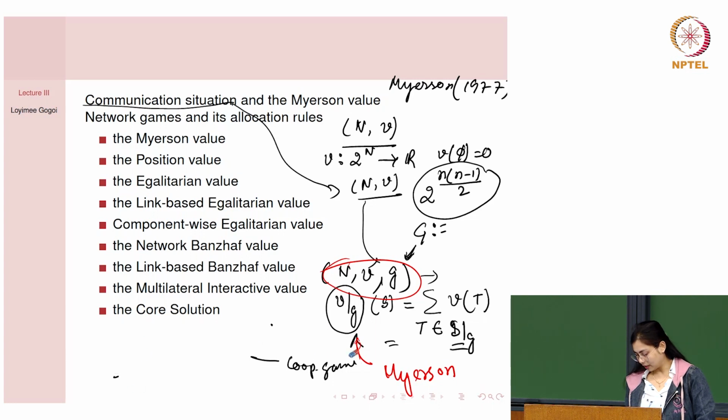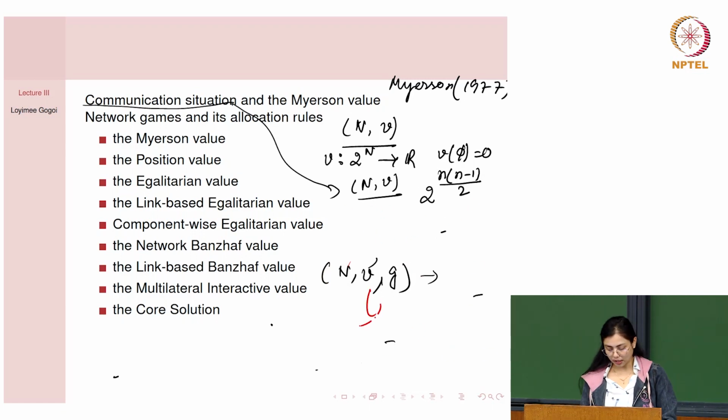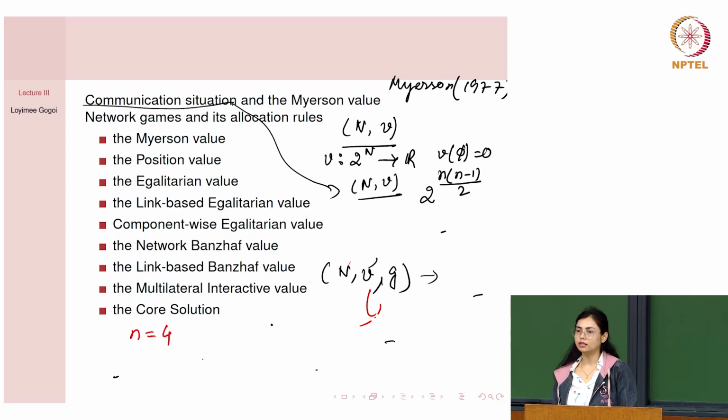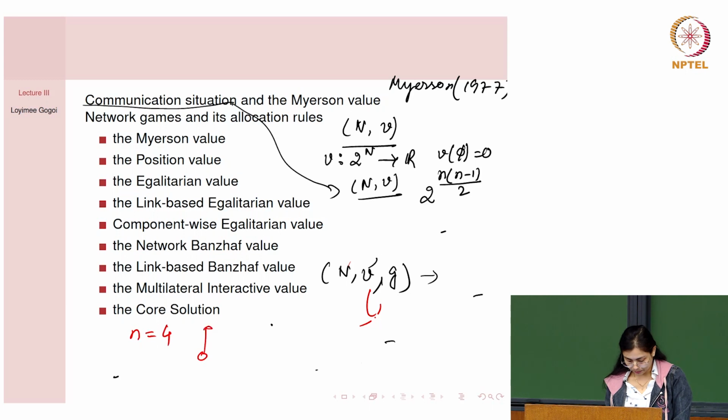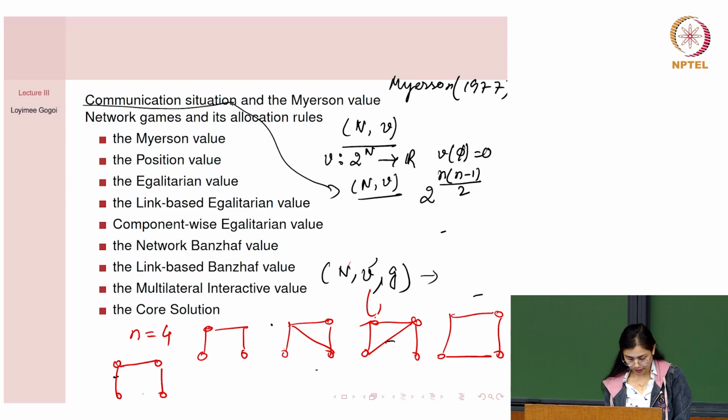Then we said there are some drawbacks to the communication situation. What are the drawbacks? Say N is a 4-player game, with 4 agents. Then the graph structure does not matter. For any player set, they are all connected via some path, either a complete graph or a line.